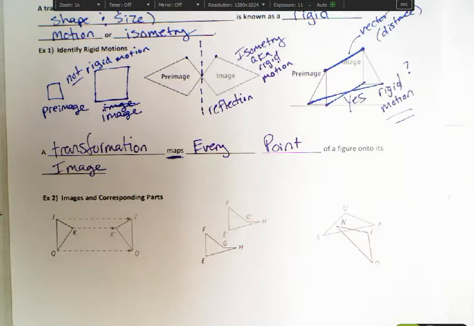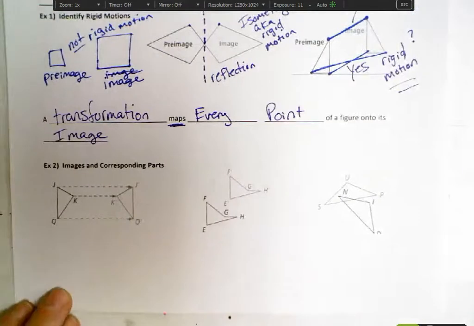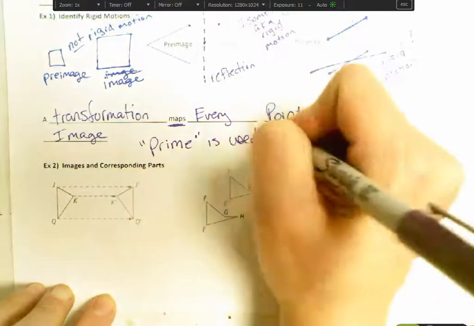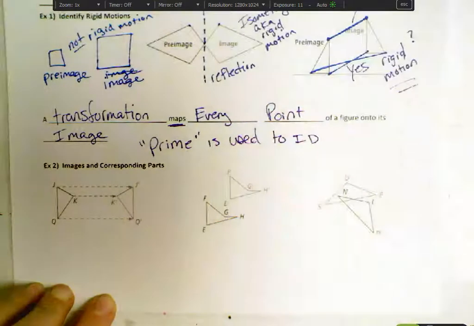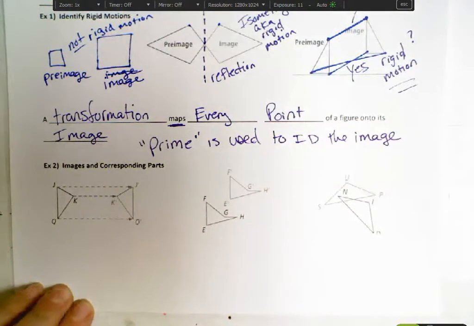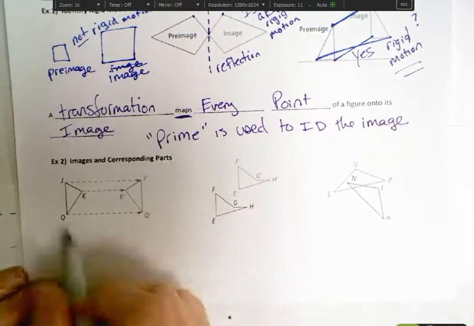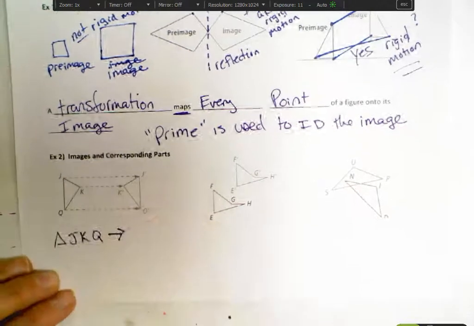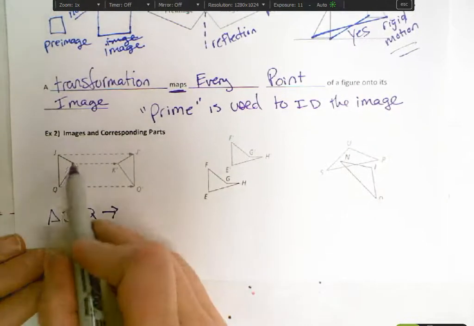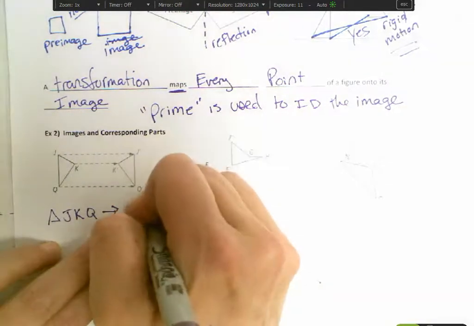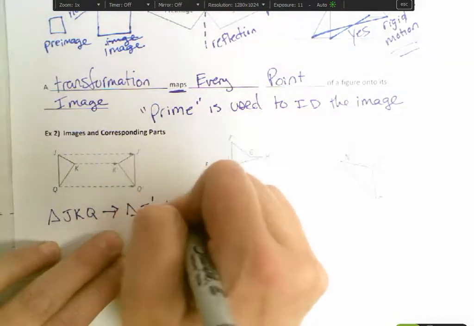So we know that images have corresponding points. So prime, this word prime, you're going to see prime a lot. Prime is used to identify the image. So if I'm taking a look at triangle JKQ, it maps every single point on JKQ to its image, which is known as triangle J prime, K prime, Q prime.